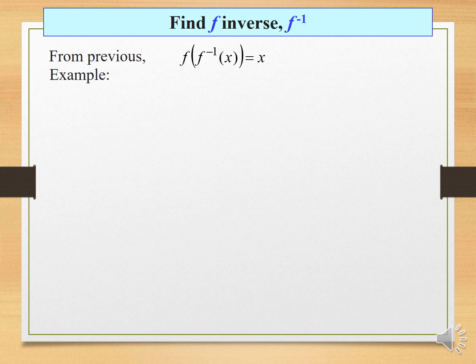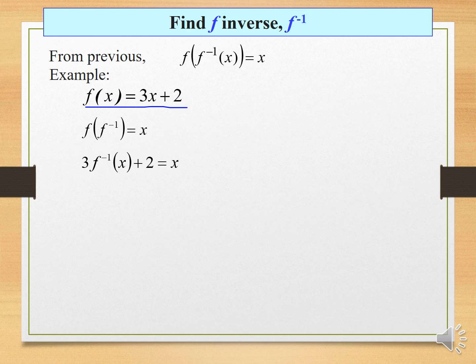Now, let's say we have f(x) equals 3x plus 2. Therefore, by using the property f composite f inverse equals x, we get 3 f inverse(x) plus 2 from here.